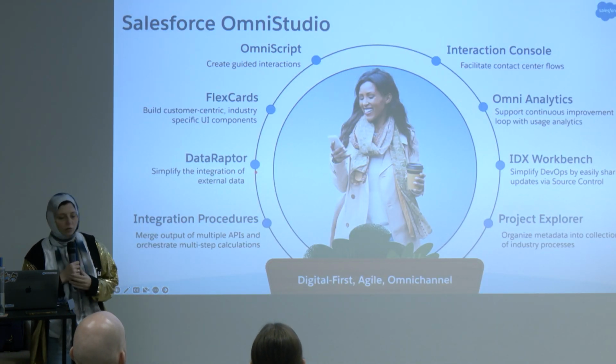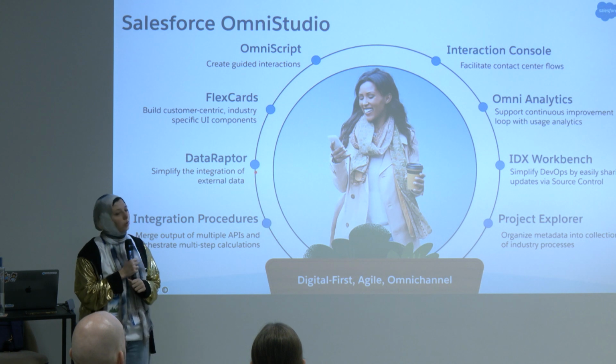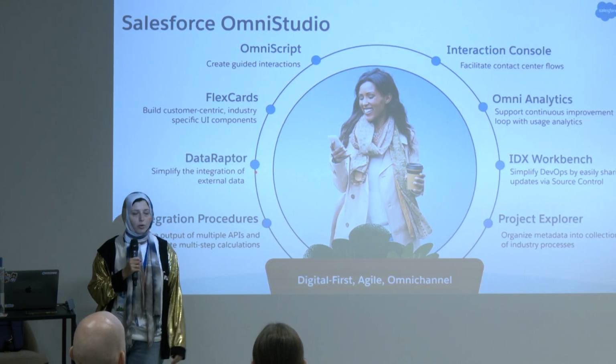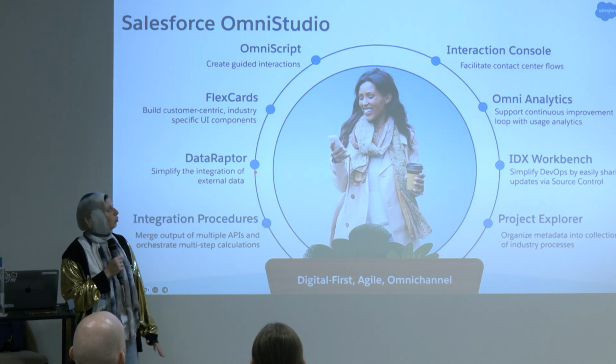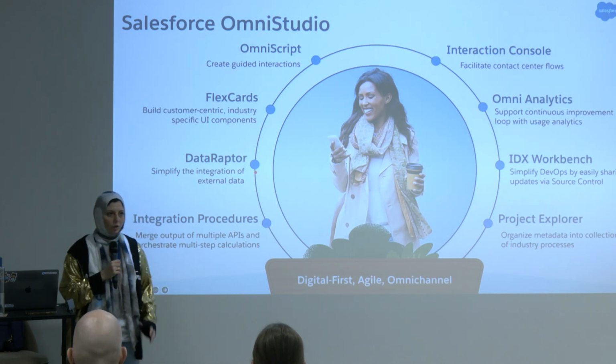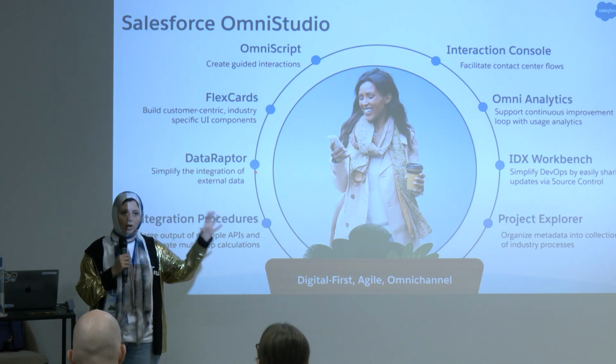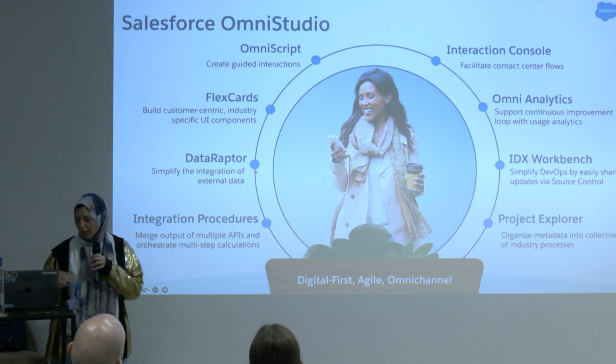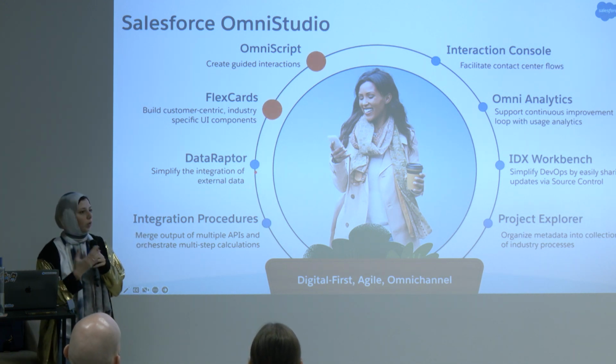So that brings us to OmniStudio. OmniStudio is formerly known in Vlocity as the Digital Interaction Platform. Think of the tools included in OmniStudio as UI and data service. For the UI, we have Omniscripts and Flexcards. Those are responsible for what you see.